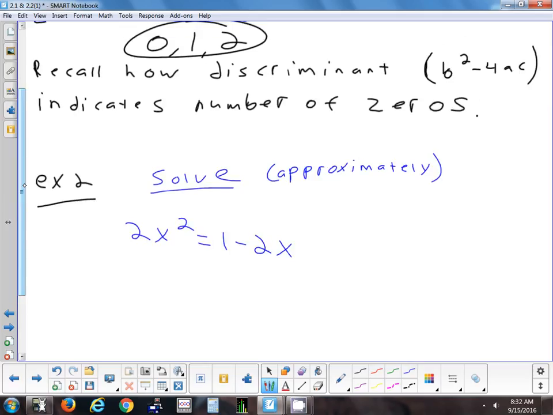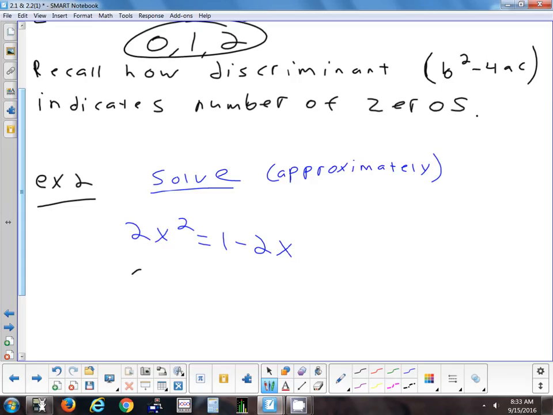All right, who can tell me how I would find my zeros here? What would be my first step? Yep, Francisco. Yeah, we got to get it equal to 0. You want to get everything on one side. Do you want to put everything on the left or on the right?